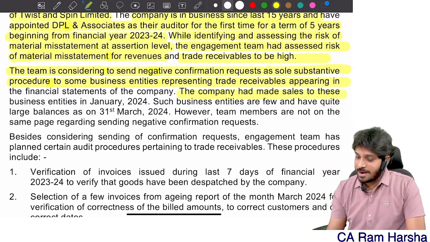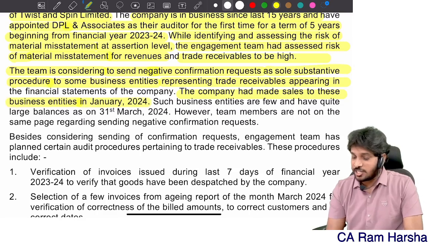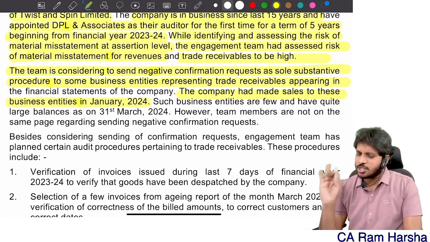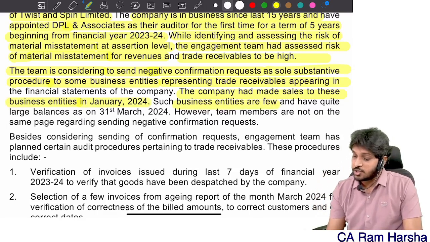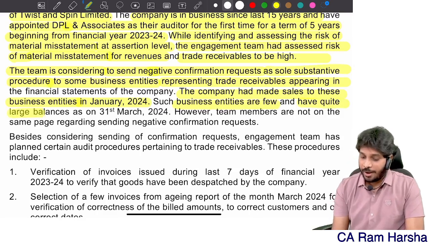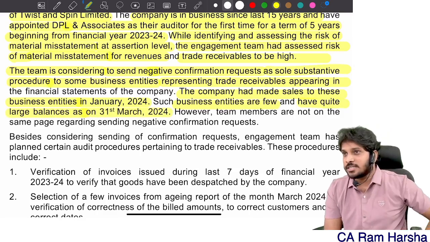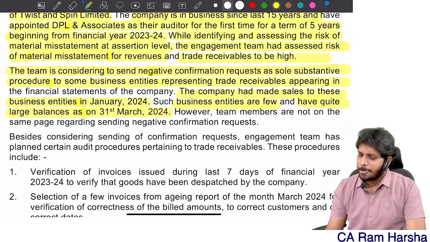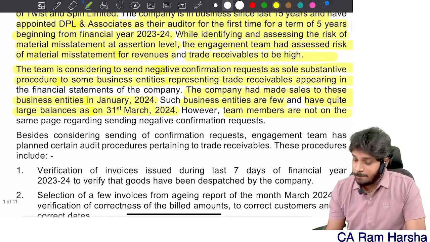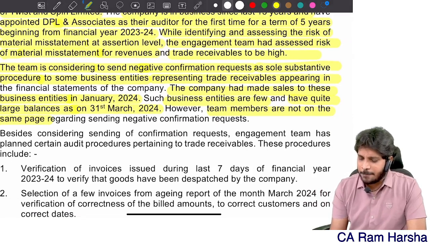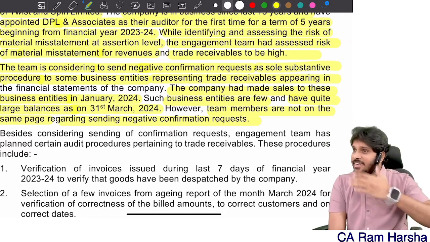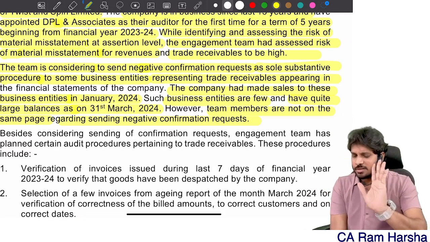The company had made sales to these business entities in January 2024. Okay, sales were made in January. Such business entities are few and have quite large balances as on 31st March 2024. However, team members are not on the same page regarding sending negative confirmation requests to them. Which is actually correct?